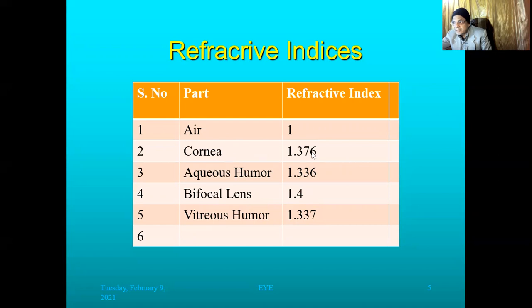So you see the cornea has a higher refractive index, so it is the denser medium in comparison to air. And from denser medium to rarer medium, and from rarer medium to again denser medium, that is the focal length.